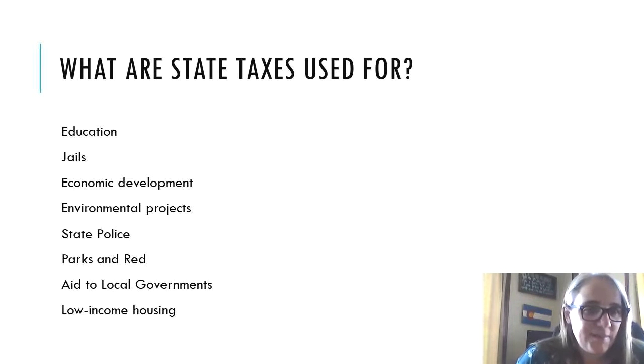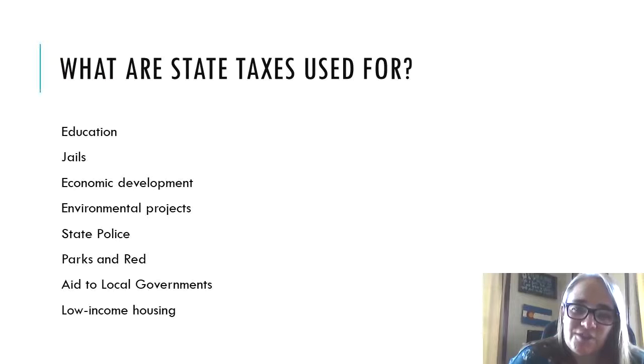So that gives us some idea of federal taxes. Now let's talk about state taxes. You oftentimes, I would say almost always, are required to pay both federal and state taxes, and sometimes additionally a local tax. State taxes are used within a state to provide education, to manage and keep jails.